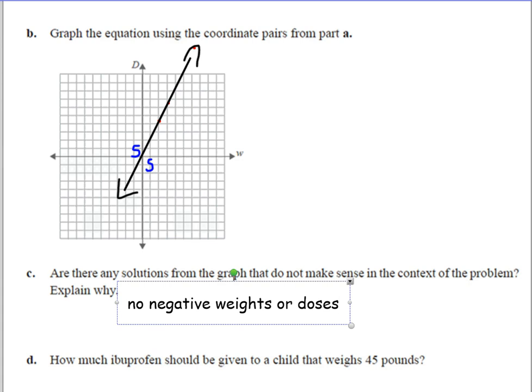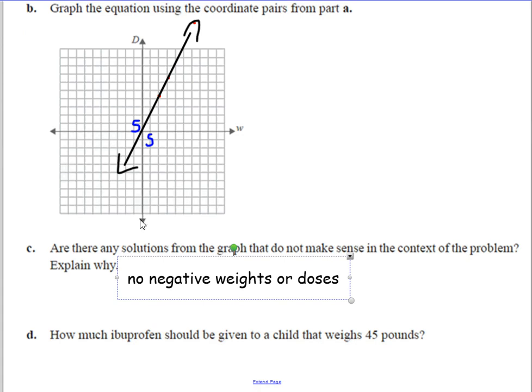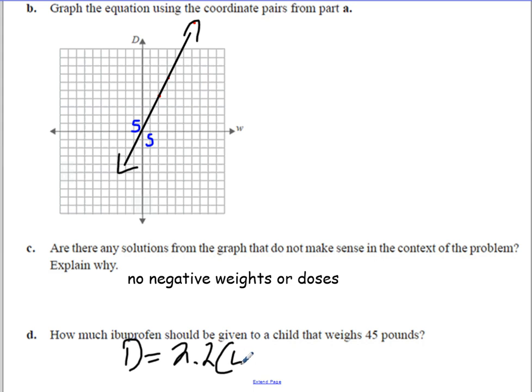How much ibuprofen should be given to a 45-pound child? Since it's kind of hard to tell because we're counting by 5s in our graph, let's go ahead and actually calculate it. So the dose equals 2.2 times the weight of 45, which would give us 99 milligrams of ibuprofen.